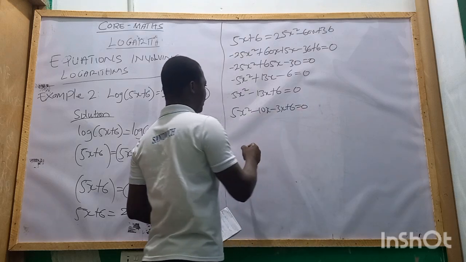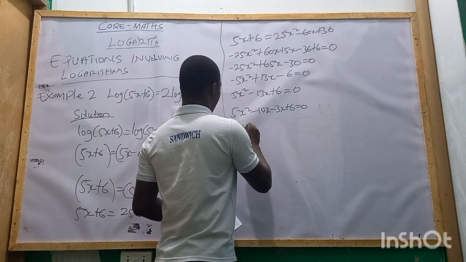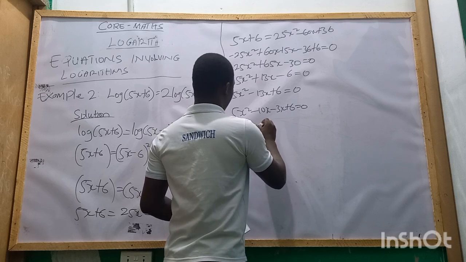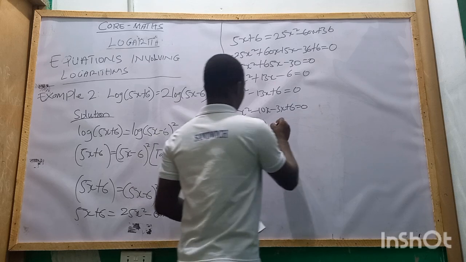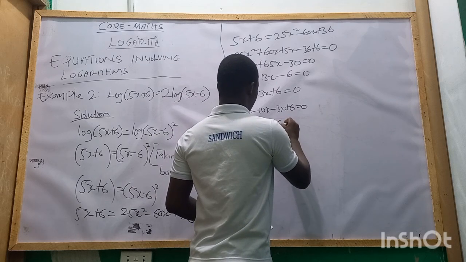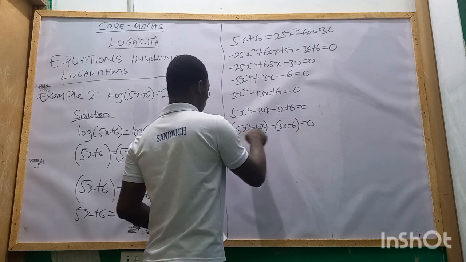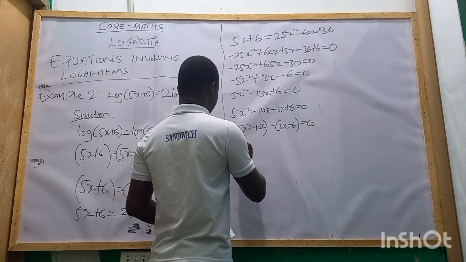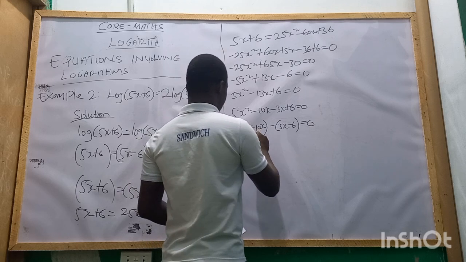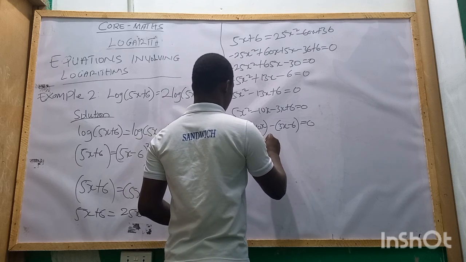So now I'll group like terms and simplify. The common factor is 5x, x minus 2.